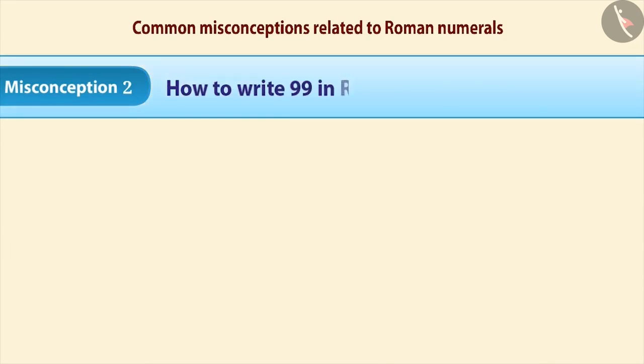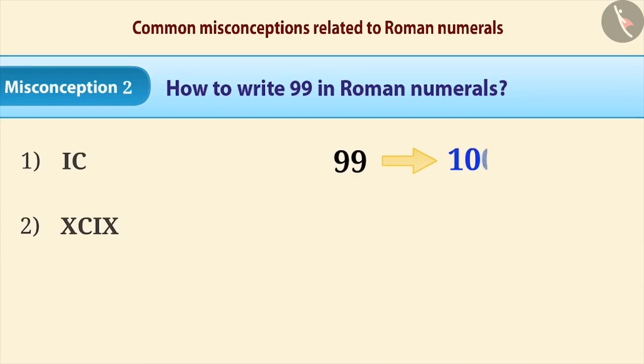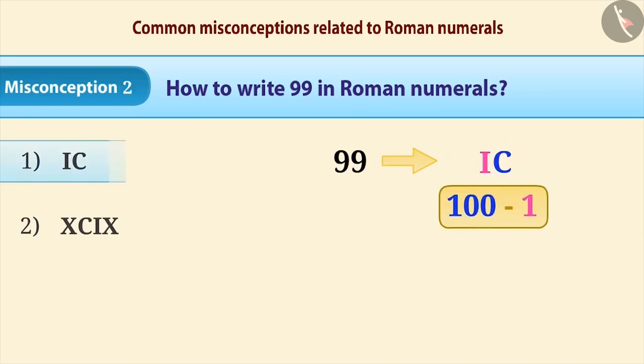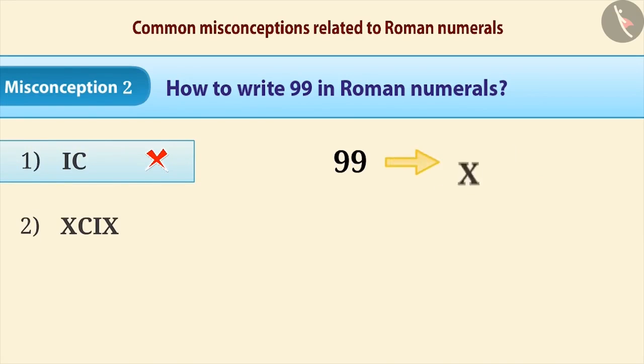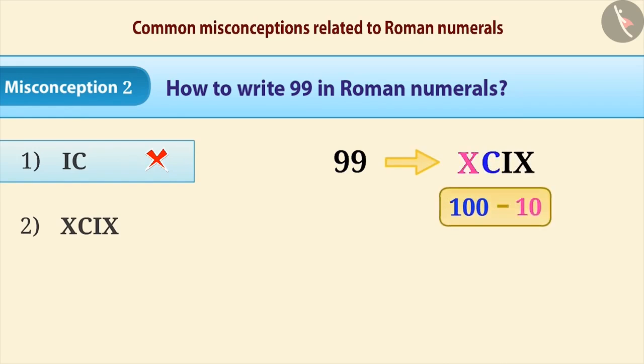Misconception 2. How to write 99 in Roman numerals? Considering 99 equals 100 minus 1, it is sometimes expressed incorrectly as IC in the Roman system. The correct understanding is that the small symbols are written to the left side of the larger symbol to express subtraction.